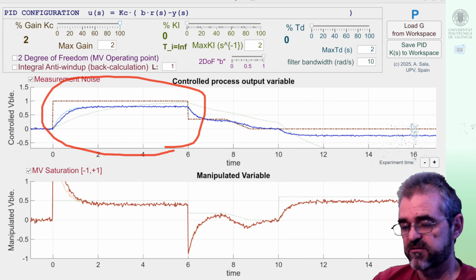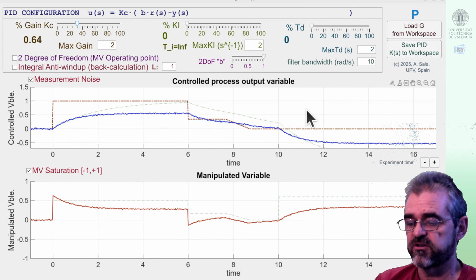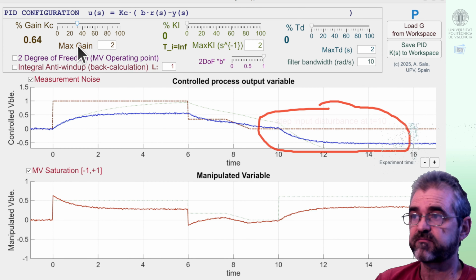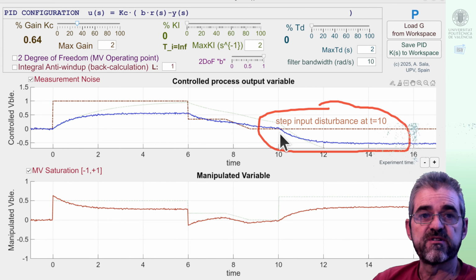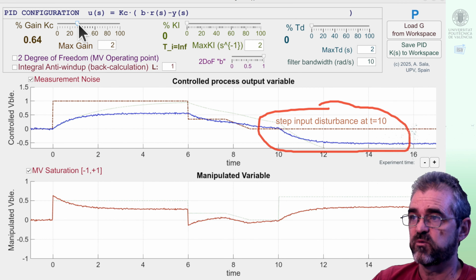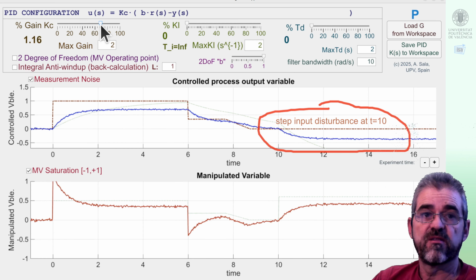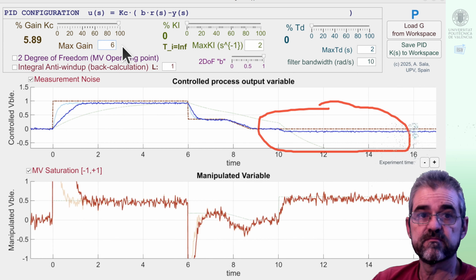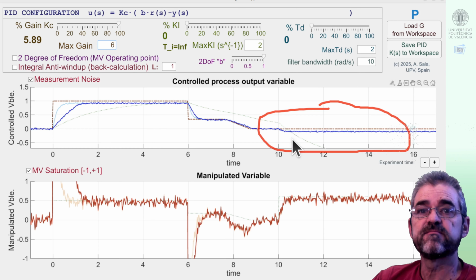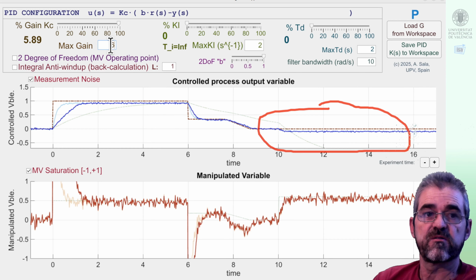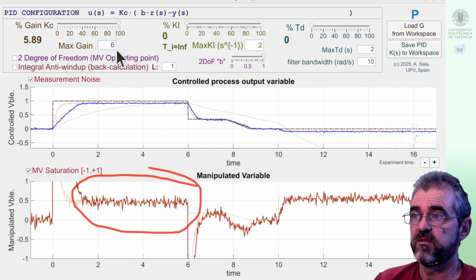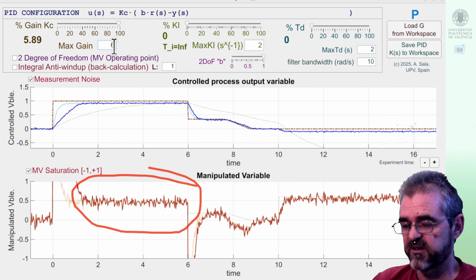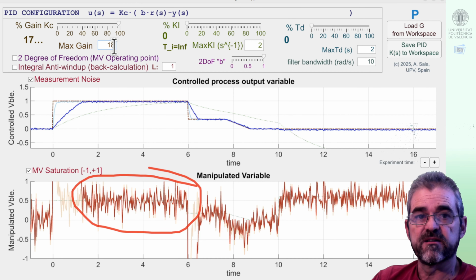And here we will discuss the theoretical justification of this part of the response, in which we had a step input disturbance at this instant, and we see that again the higher the gain, the lower the steady state equilibrium deviation, and the faster the transient is. But we will also discuss the theoretical justification of this high frequency measurement noise amplification, which increases as I increase the gain. So the transfer functions and theory behind all that will be the goal of this video.